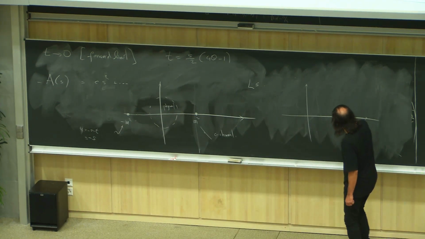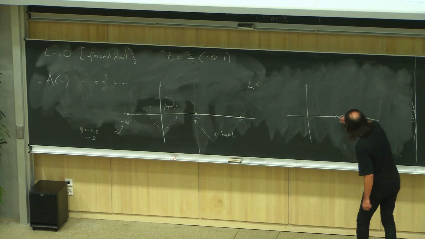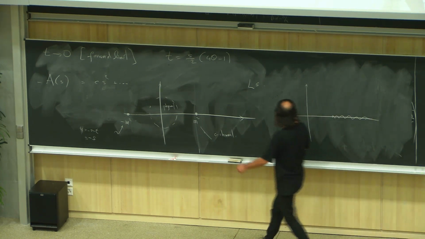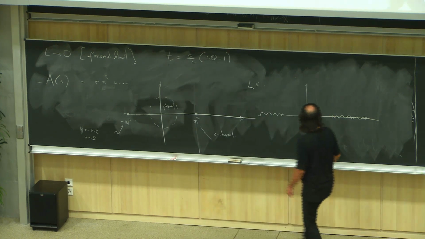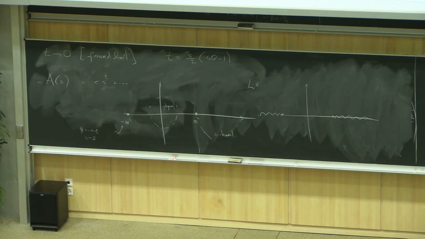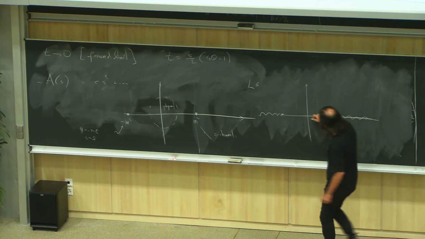But you might expect that there are some kind of branch cuts here. Let's say we did something slightly more complicated. We integrated out a particle just at one loop, or at some number of loops. Then you would expect that you have branch cuts.